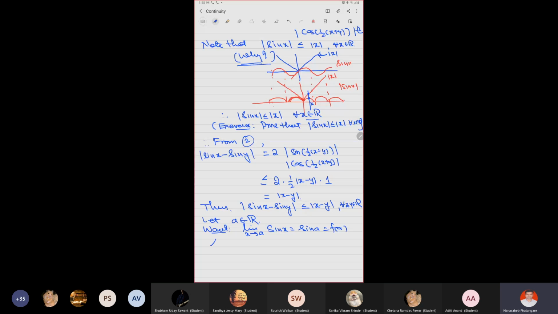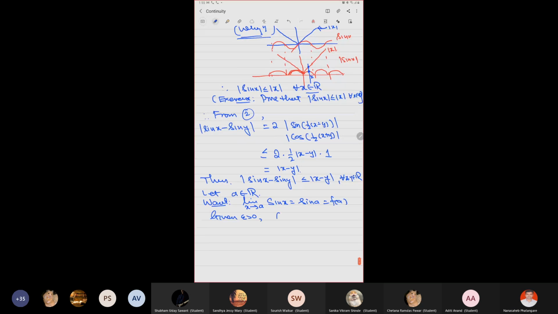How to prove this? Given epsilon, we want delta. Do you understand? And then from the previous inequality, can you produce delta? And what is delta?